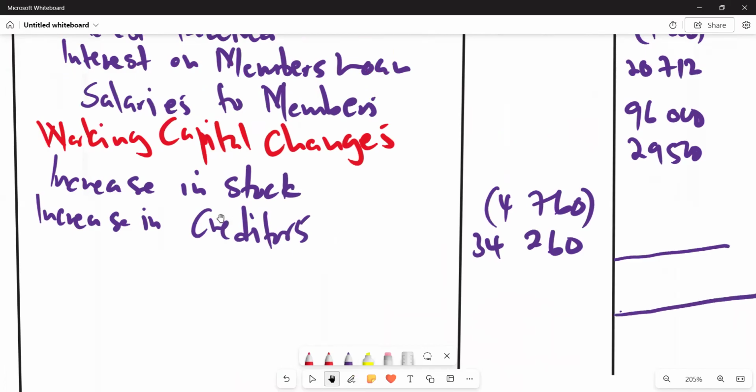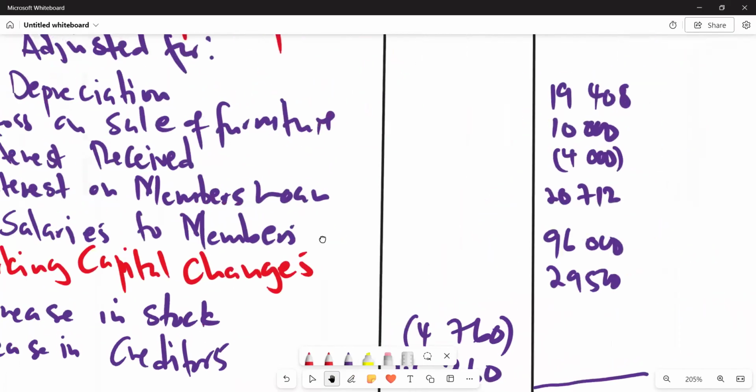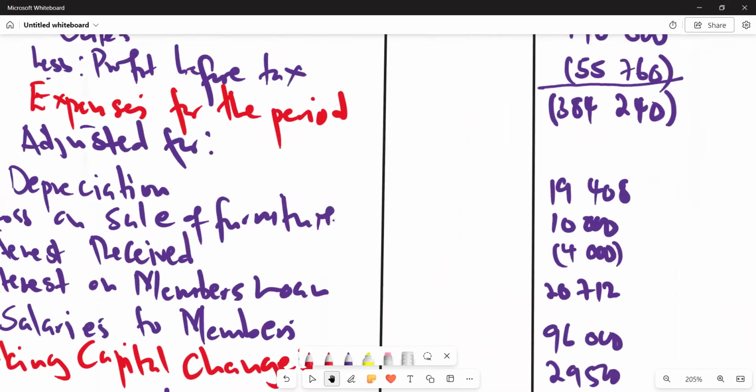For the final figure, we are always going to use the last column to calculate it. We start from here: negative 384,240 plus 90,408 plus 10,000 minus 4,000 plus 20,712 plus 96,000.